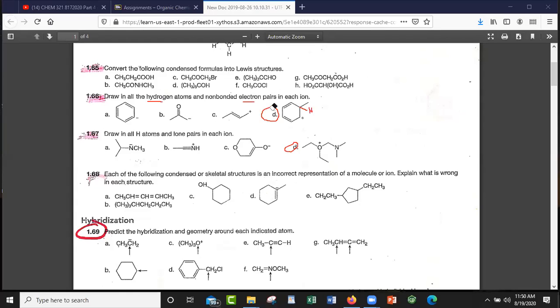Are you following that? Now this is terminal right here. Is that a CH3? Yes. At the end of every line is a CH3. Following? All right, so what about here? How many hydrogens should I put there? Just 1, because it's double bonded. You got a double bond there, right?